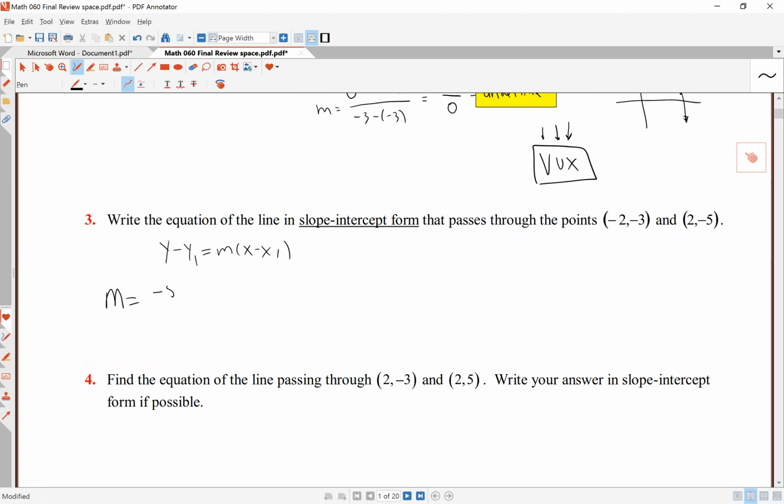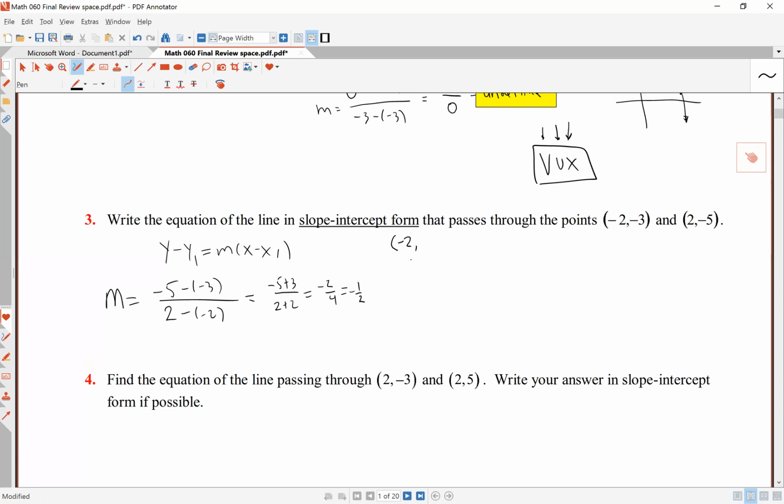So we have negative 5, take away negative 3, and 2 minus negative 2. Negative 5 plus 3, and 2 plus 2. The slope is negative 2 over 4, which is negative 1/2.